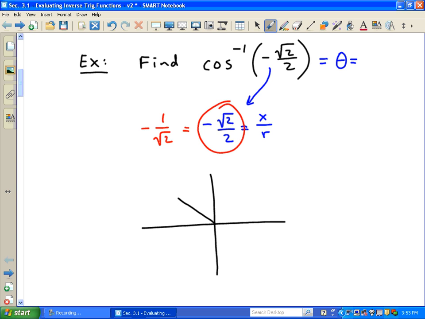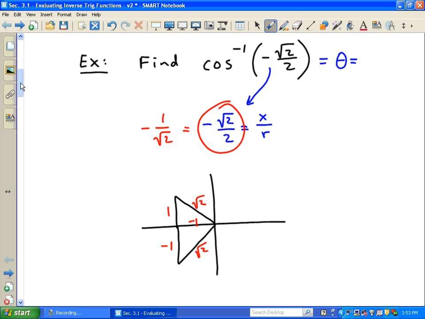If we label these triangles, we have x is -1, r is the square root of 2, and this we know is a 45-degree reference angle, so our other sides would be +1 in the second quadrant, -1 in the third quadrant.